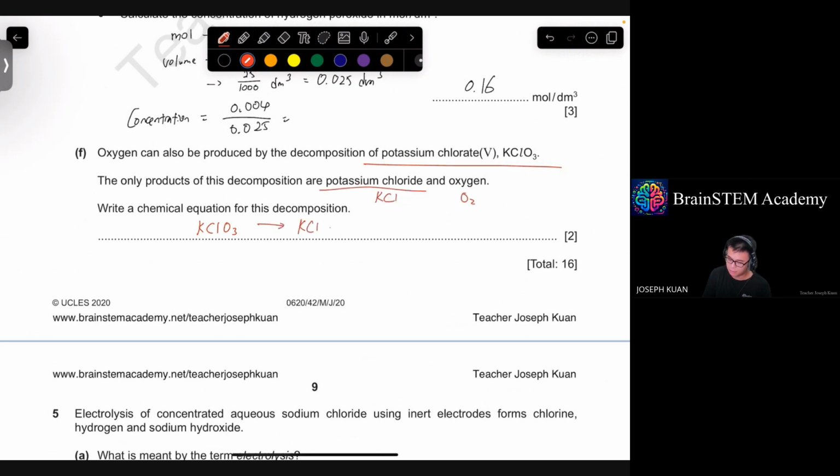So it's KCl and O2. And we need to balance it. The first mark is on this, the second mark is on balancing. So I believe it's a 2, 2, 3. 2 potassium on the left and the right, 2 chlorine on the left and the right, and 6 oxygen in total for the left and the right.